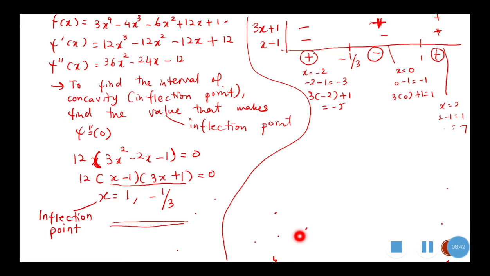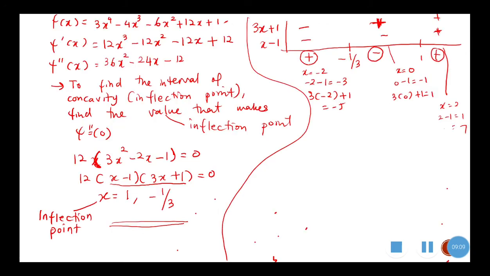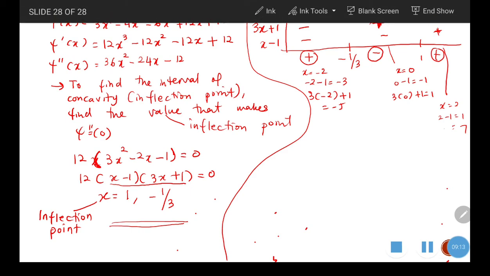Now let's look here first. When the value is larger than 0, it is concave up, and when the value is less than 0, it is concave down. So here, higher than 0, it is concave up. This part here is concave up.